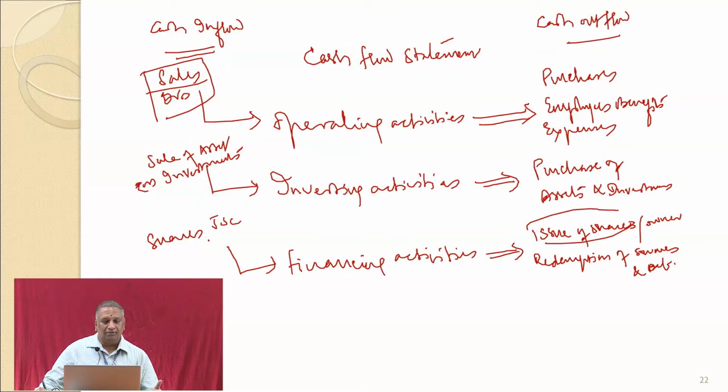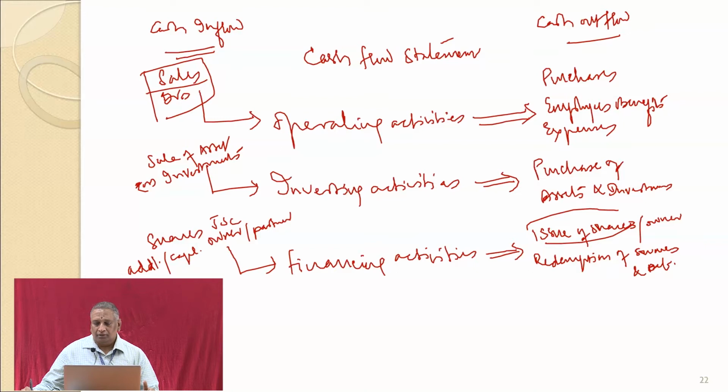Okay? In case of a sole trader concern, when the owner or partners put in money into business as capital, so additional capital or if it is a new business, capital introduced by them will be the source of cash inflow in case of financing activities.